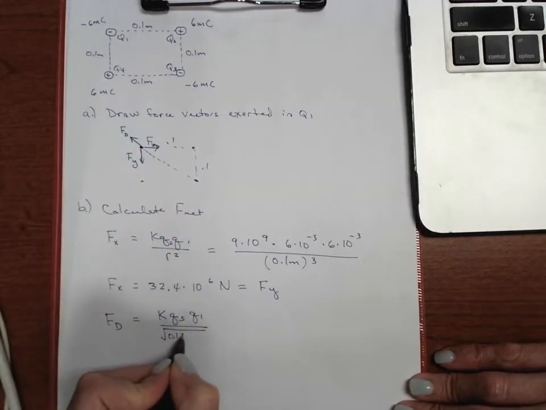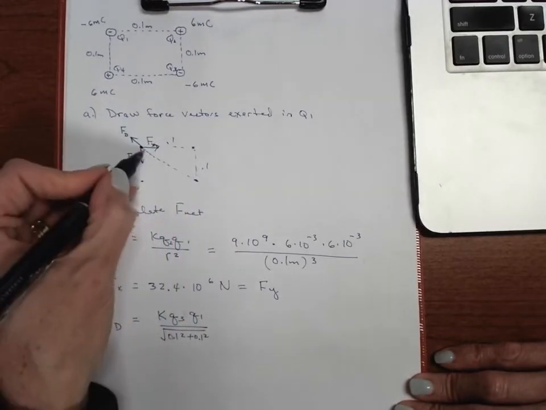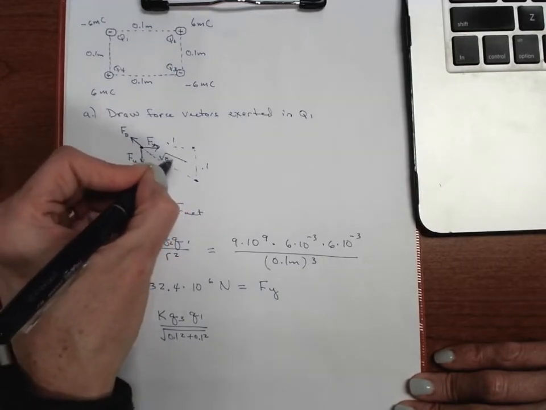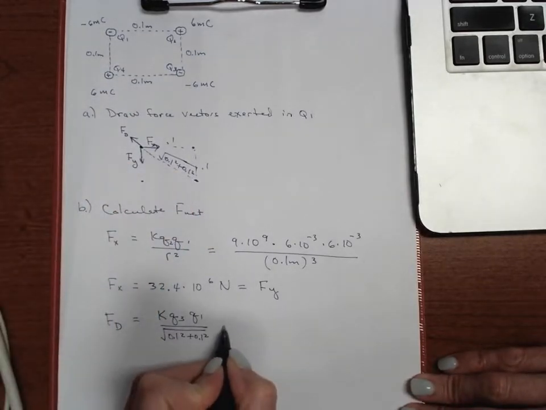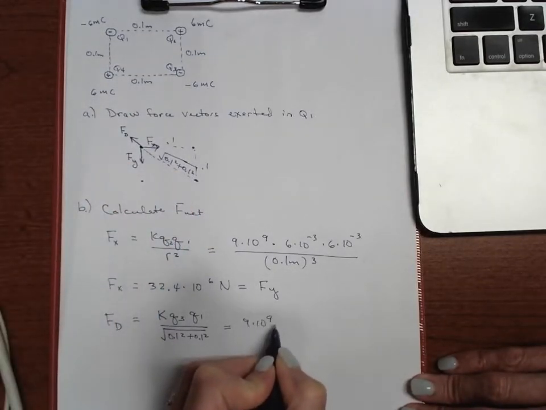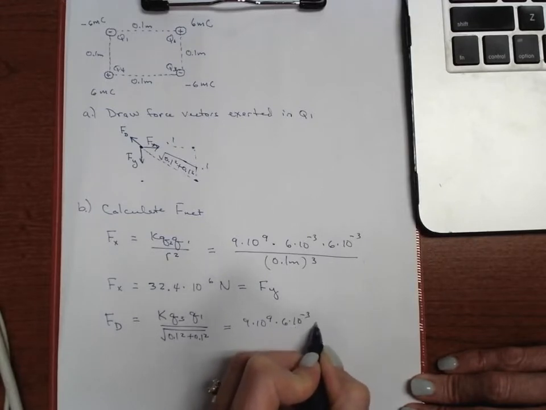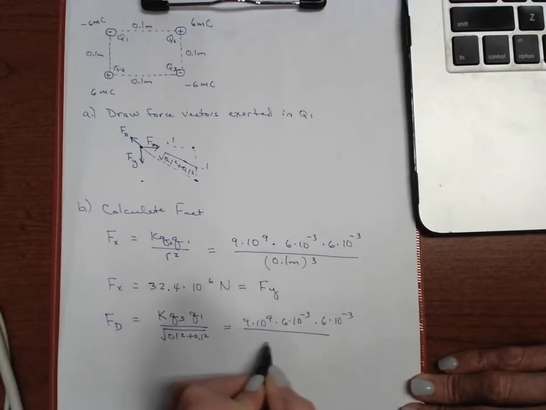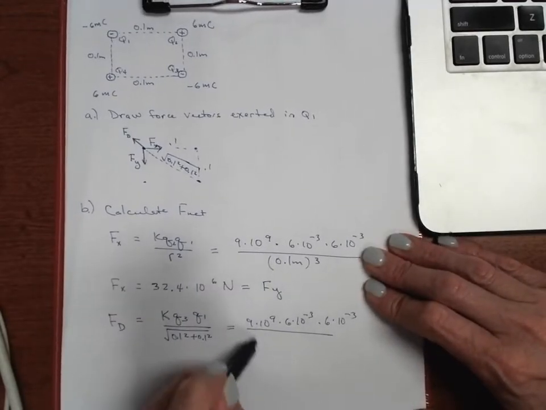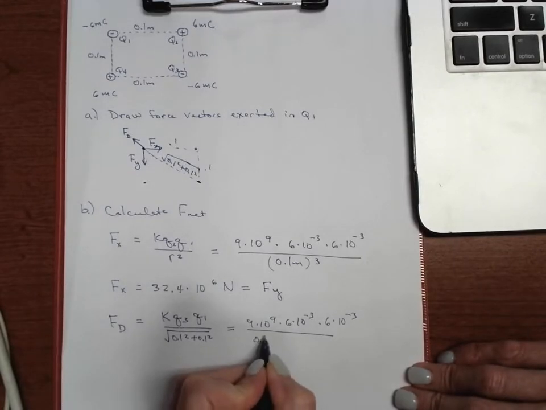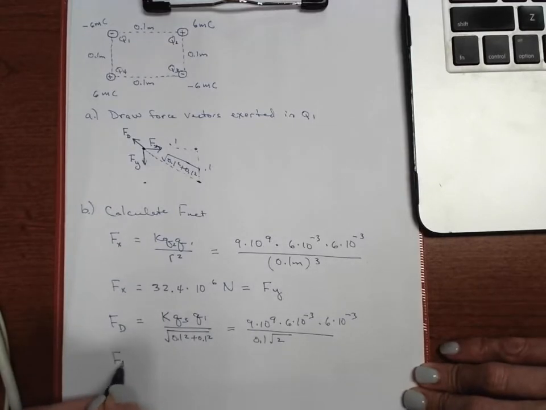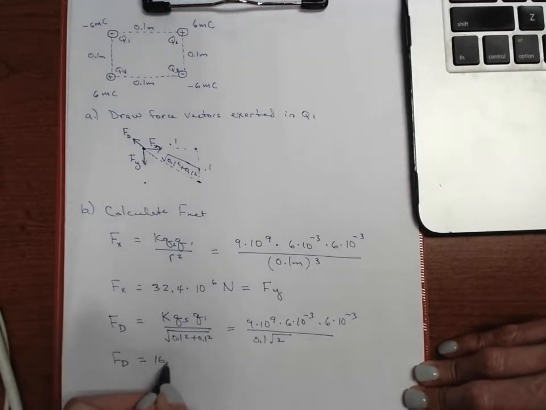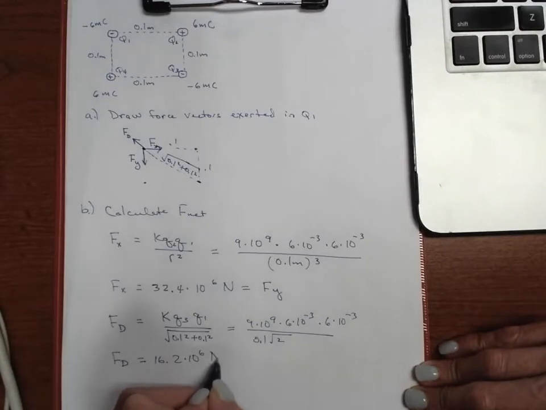So I'm going to have 0.1 squared plus 0.1 squared, just using the Pythagorean theorem. So I'm going to have 9 times 10 to the 9th times 6 times 10 to the minus 3rd times 6 times 10 to the minus 3rd all over, I can factor out the 0.1 squared, and then the square root of 2. When I actually do that in my calculator, I get 16.2 times 10 to the 6th newtons.